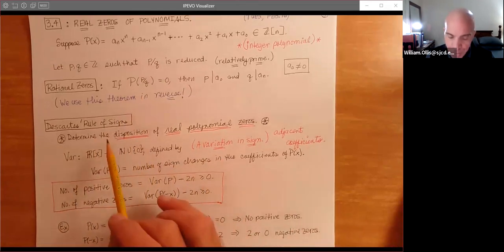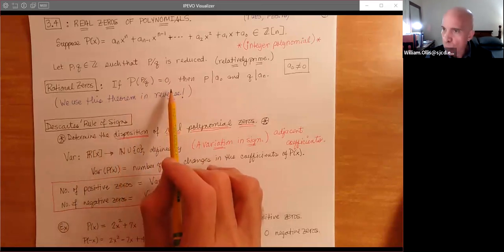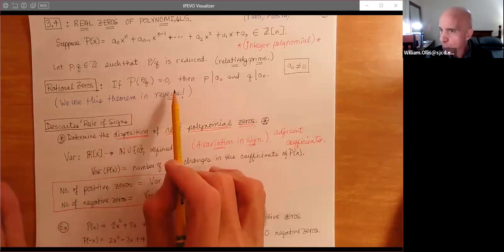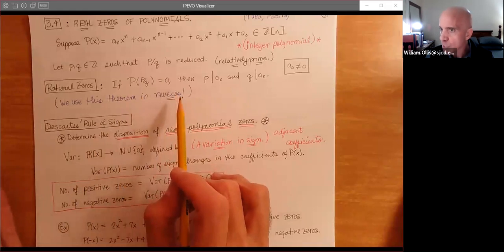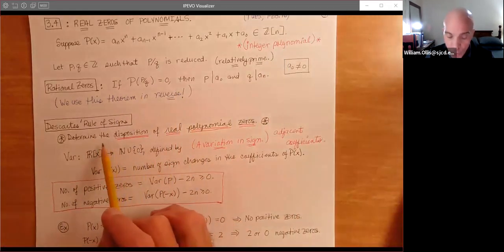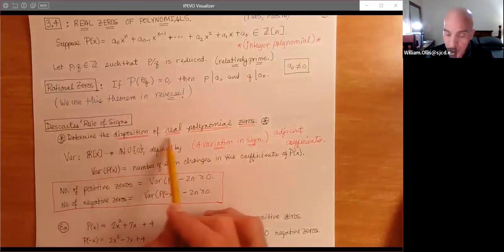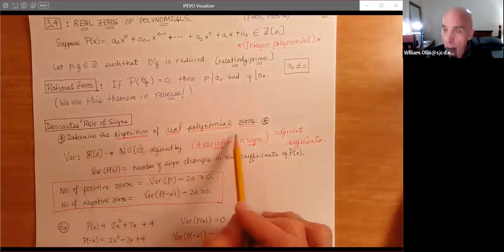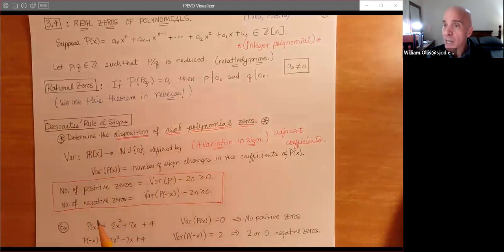So what we're going to do: the rational zeros theorem helps us to find rational zeros of a polynomial if they exist, for an integer polynomial. Descartes rule of signs will help us to determine the disposition of real polynomial zeros. So again, we're working with a real polynomial, and most of them will be integer polynomials.